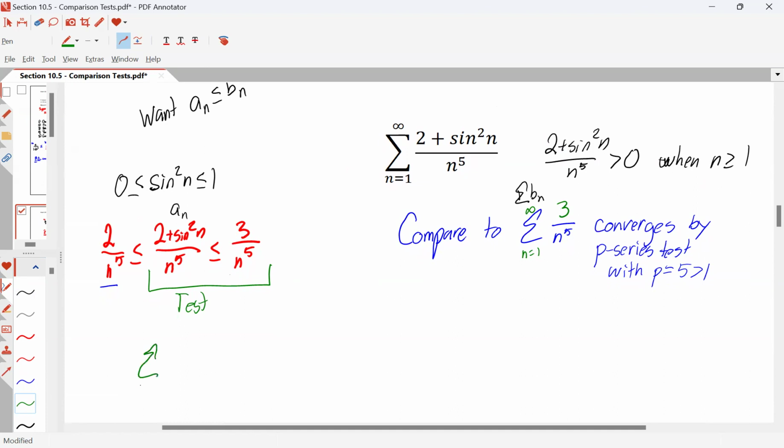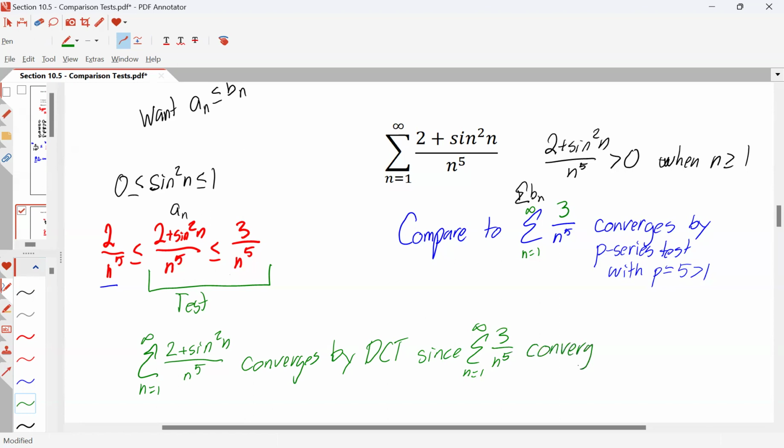This means the series we're looking at, 2 plus sine squared n over n to the fifth, converges by the direct comparison test, since the series n equals 1 to infinity of 3 over n to the fifth converges. So there are a couple examples of the direct comparison test.